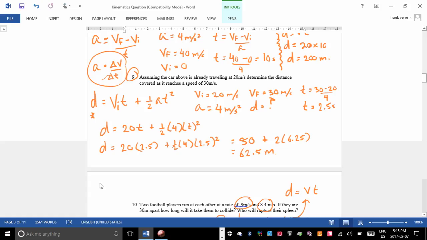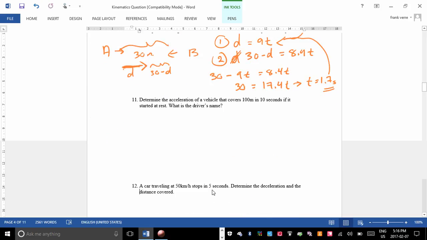In this case, we can think of an average speed. So we could say that the average speed times the time would also give us a distance. But in this case, it has to be the average of the two speeds, 20 and 30, which is 25, times the interval of time, which was 2.5 seconds. And that will also give us an answer of 62.5 meters.